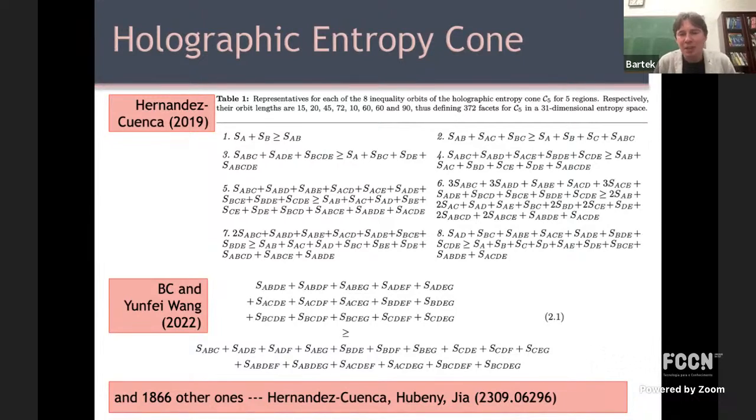Sometimes when I give this talk or a similar talk, I ask my audience, are you impressed or are you disappointed? I think you should be both impressed and disappointed by this table. It's impressive because how did people even find this inequality, you might ask? It looks kind of crazy with all of these coefficients and combinations of terms.